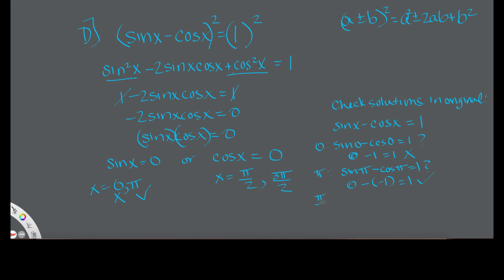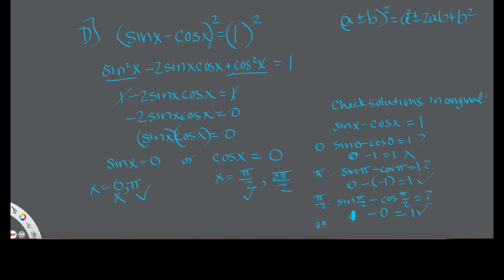Check pi over 2. Sine of pi over 2 minus cosine pi over 2. Does that equal 1? Okay, so the sine of pi over 2 is 0. Oh no, I lied, I'm sorry. Sine of pi over 2 is 1. Cosine of pi over 2 is 0. And that does equal 1, so that's fine.